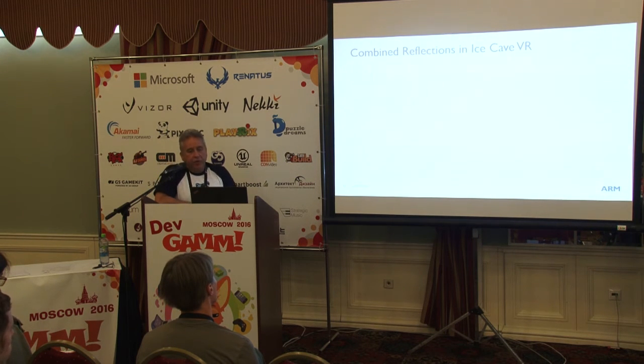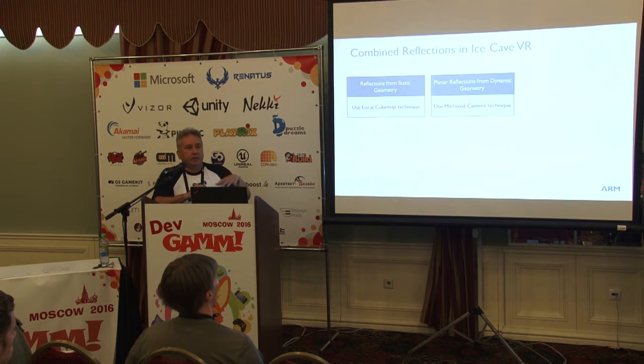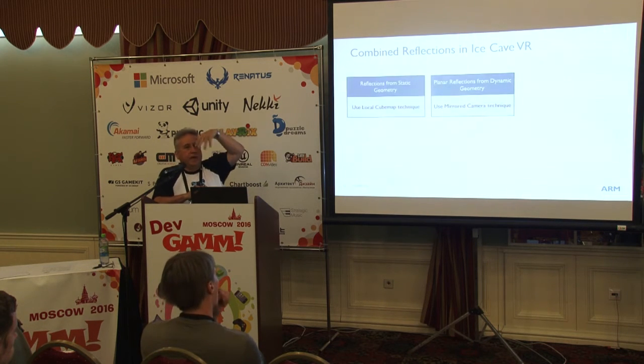In the ice cave, we combine three different types of reflections. The reflection from the static geometry, from the wall of the cave, has been rendered using the local cube map technique. The reflections from the dynamic objects, in this case the phoenix and the butterfly which is flying somewhere there, are rendered using the mirror camera technique.